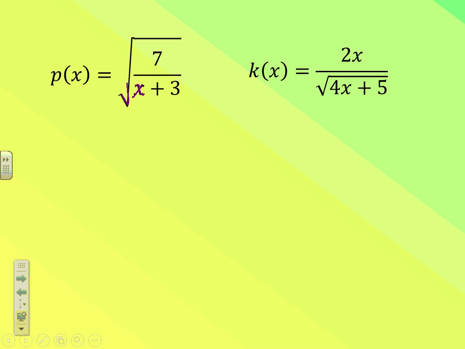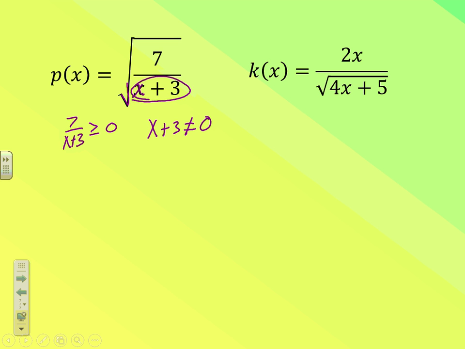So looking at just the bottom part, we would say that here x plus 3 cannot be equal to 0. And if we look at the entire expression, the 7 over the x plus 3, all of that has to be greater than or equal to 0. So both of these conditions have to be met.